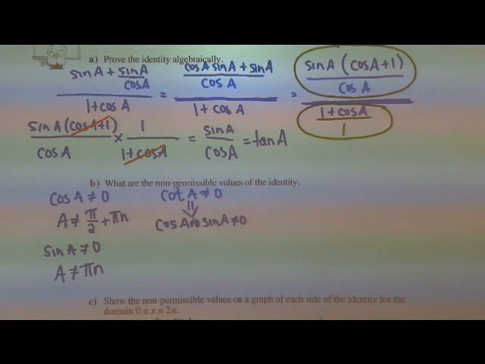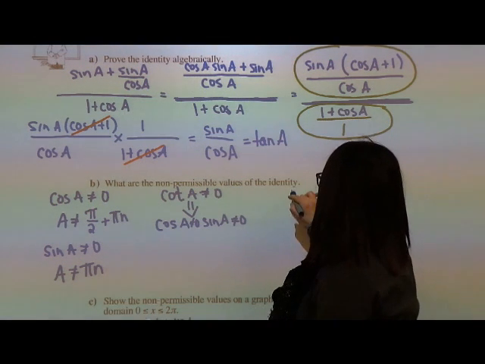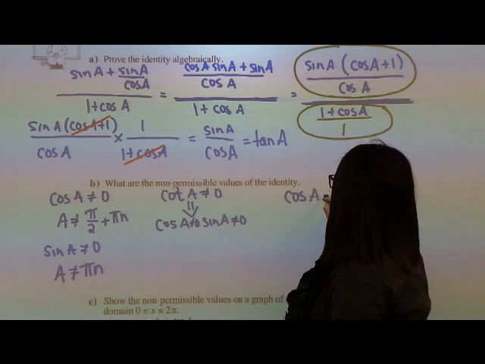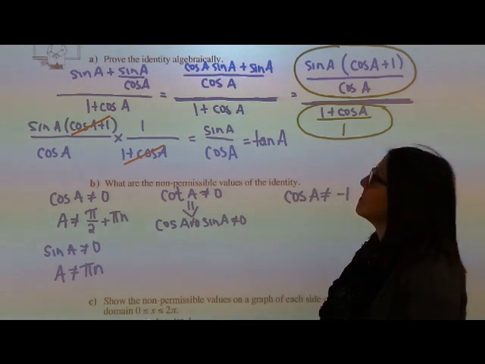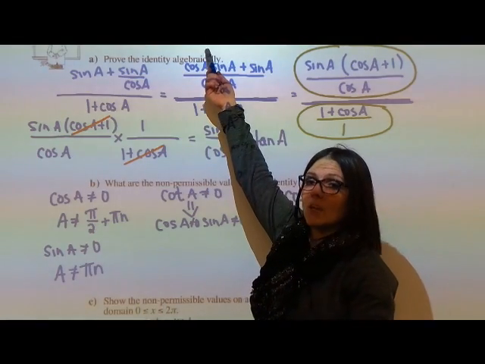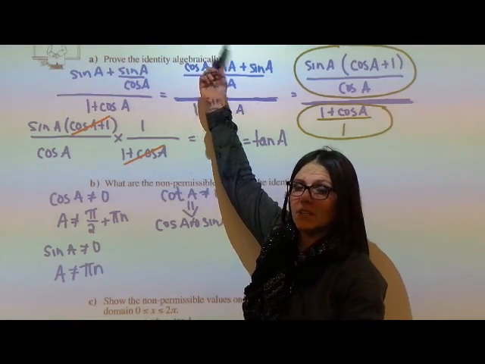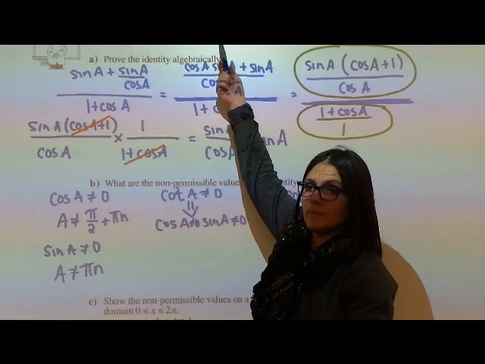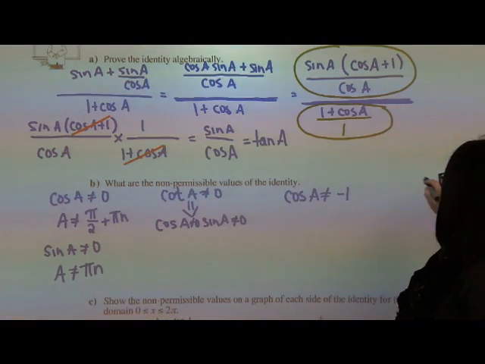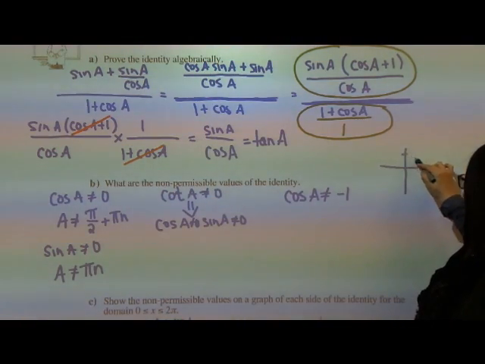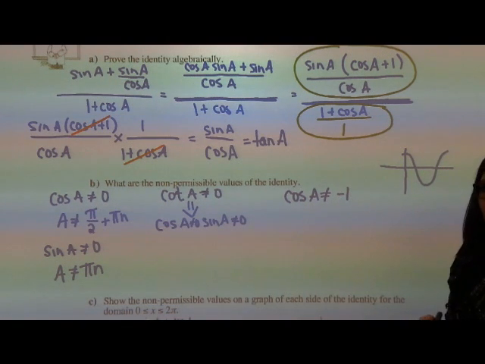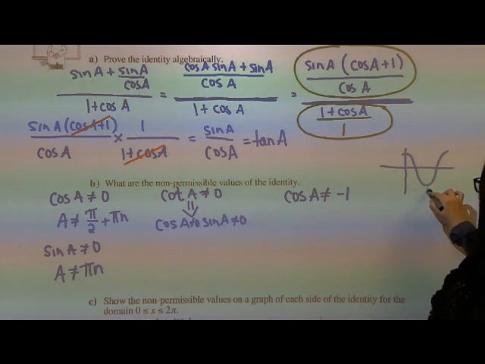Do I have anything else that can't equal 0? Cos A can't be equal to -1. Why not? Because it has a denominator of 1 plus cos A. If cos A equals -1, I'm going to get 1 plus -1, which is 0 here. So this is where knowing your sketch of cos can be really useful.